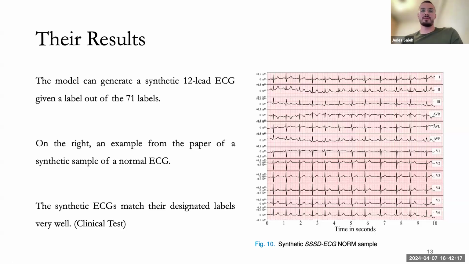This is what generative models do. And they actually do a great job in doing so, because they tested their results by giving these samples to cardiologists to confirm that it does actually look like real data.